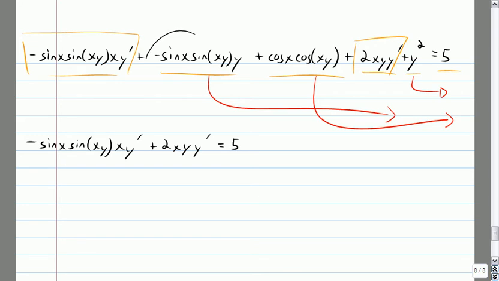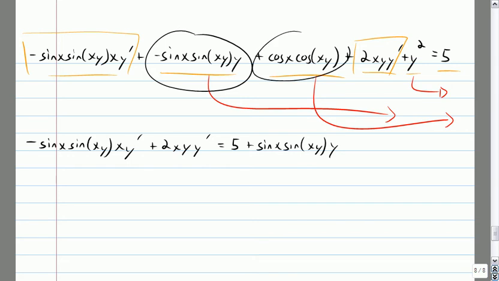Let's see, when this one came over, it'll become positive, so 5 plus sine x, sine of xy, y. This one moved over, it'll be a minus cosine x, cosine xy. And the y squared moved over, that'll be a minus y squared.